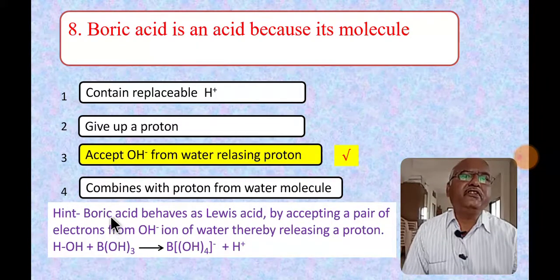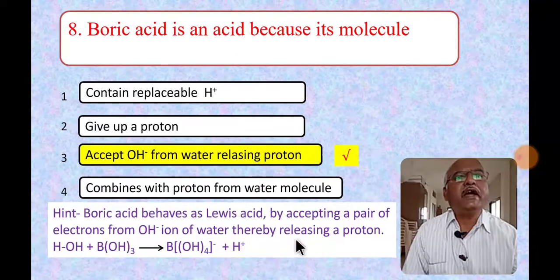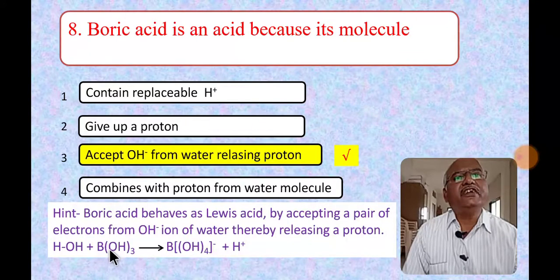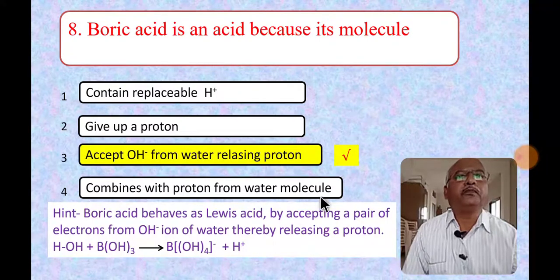The hint is given at the bottom. Boric acid behaves as Lewis acid by accepting a pair of electrons from OH- ion of water, thereby releasing a proton. Boric acid accepts OH- ion of water and releases proton.